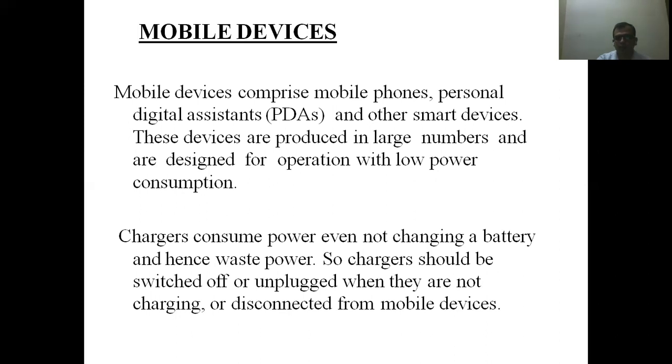So when it is not required, if you leave it on the charger, power consumption will occur. Chargers should be switched off or unplugged when they are not in use. Chargers should be used only when there is no charge in the mobile. Otherwise, the power consumption increases if you leave the charger switched on.